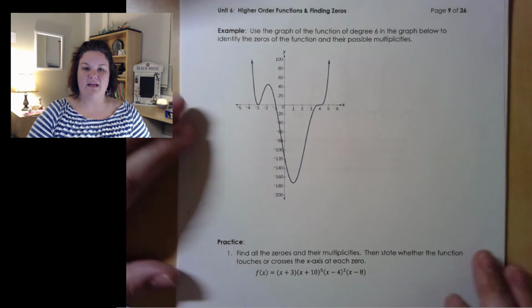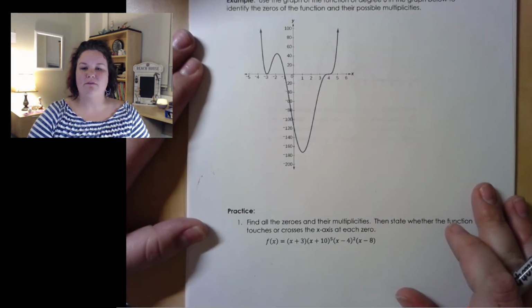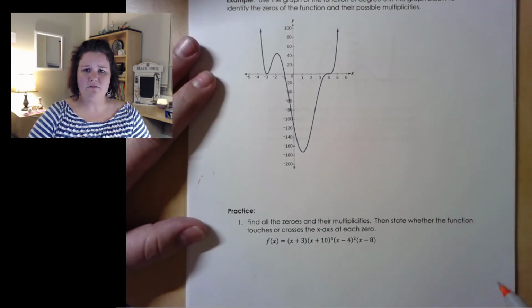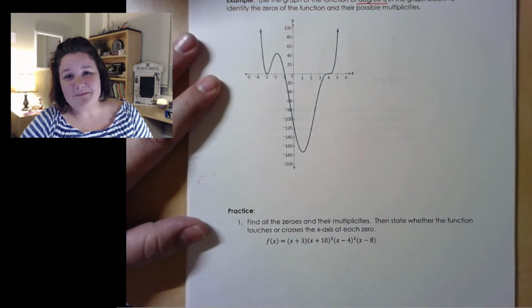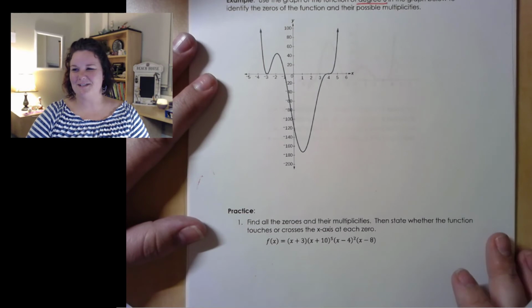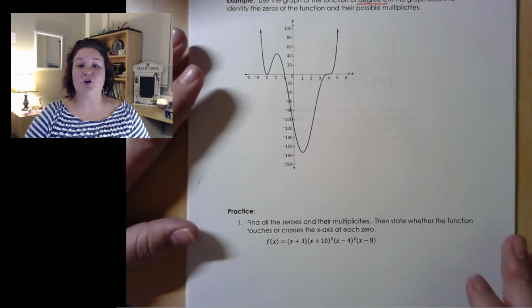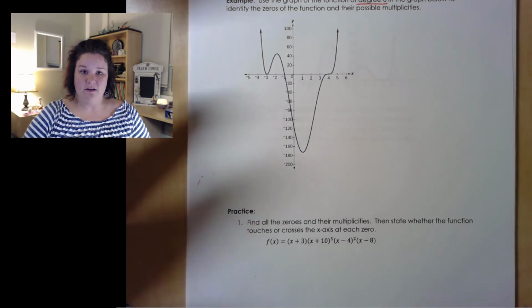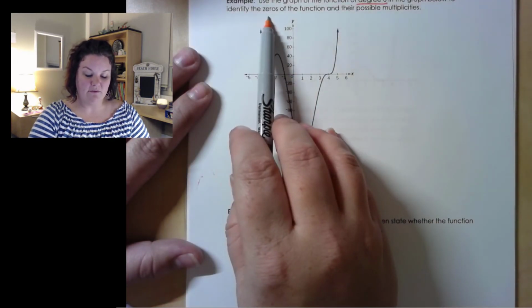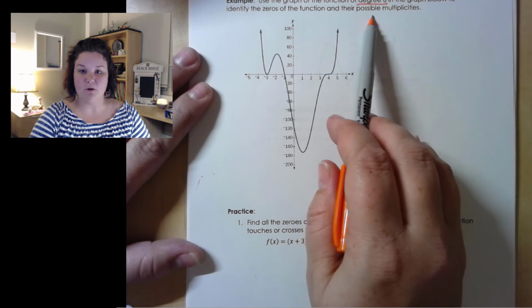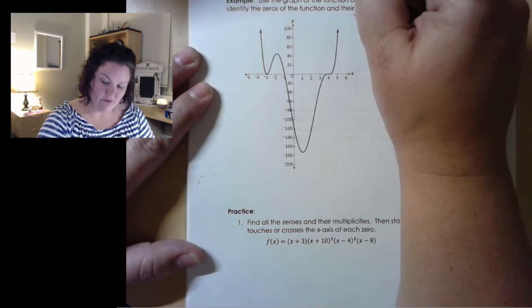On this next page it says, use the graph of the function of degree 6. That's important. Well, the degree is always important, right? That's what this section's been about. So this is a degree 6 function shown below, and we want to identify the zeros of the function and their possible multiplicities. Possible, okay?